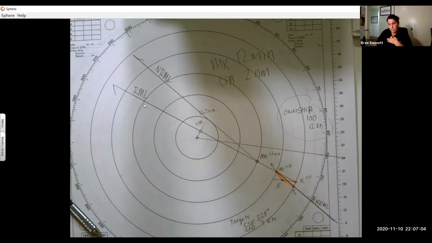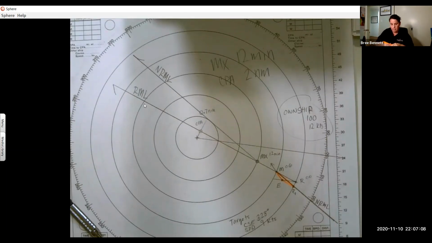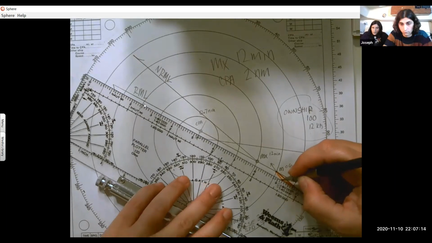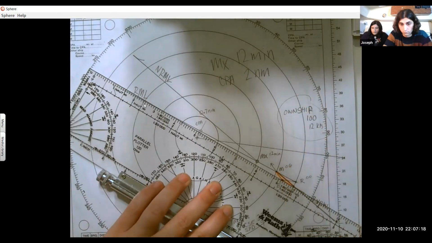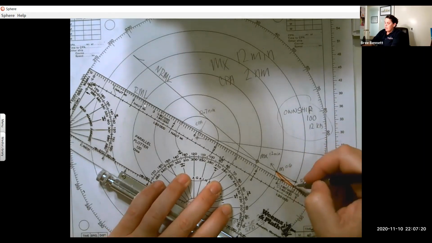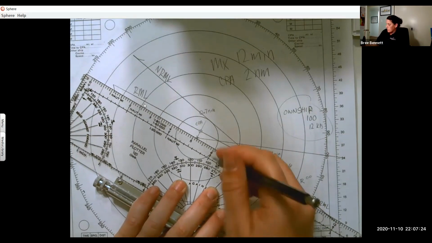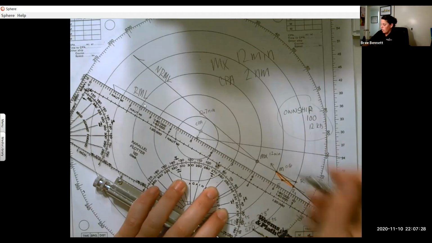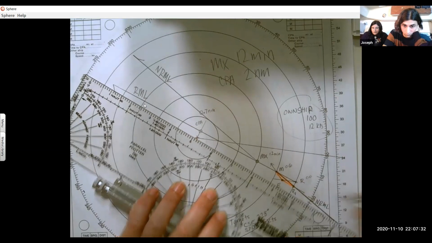And that is going to change as I change course to the right. So I'm going to measure that E to R. And so I drew my little line, but I have to bring it back down to the center so I can actually get a value, a number to it on the compass rose, if you will.